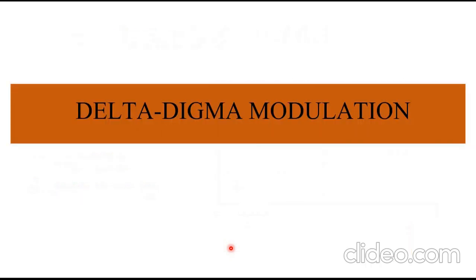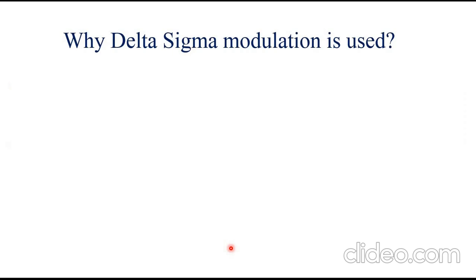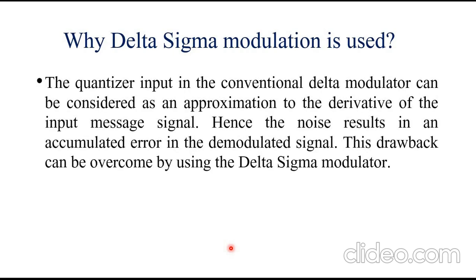Now let's see delta sigma modulation. Basically, the quantizer input in the conventional delta modulator can be considered as an approximation to the derivative of the input message signal. Hence the noise results in accumulated error in the demodulated signal.